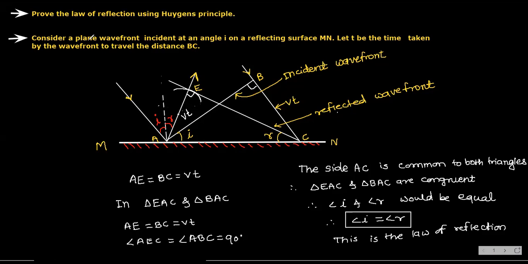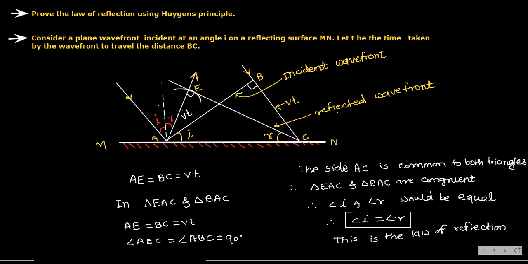So see, consider a plane wavefront incident at an angle I on a reflecting surface mn. Let t be the time taken by the wavefront to travel the distance bc. Okay, can you see these two rays, and this bc is the distance traveled in time t, because this is one medium in which velocity is v.